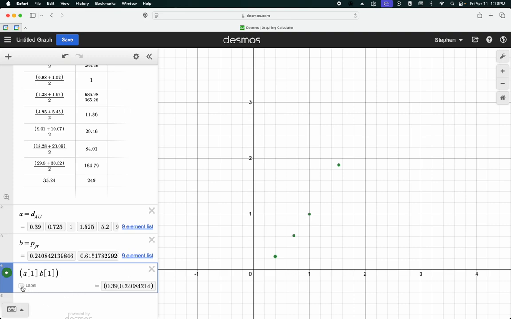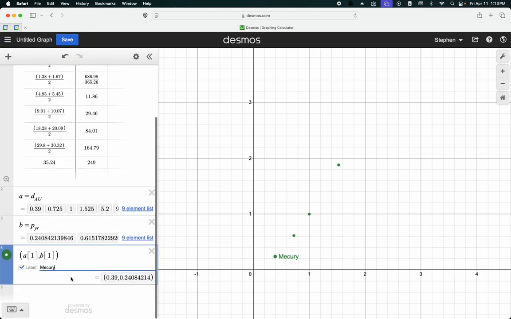And if I click on label, you see that it puts that data point out here next to my first point. But I'm going to type in this field here, and I'm going to say this is Mercury. When I put in the B equals PYR, it added a line. It is lowercase b.